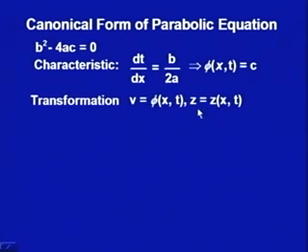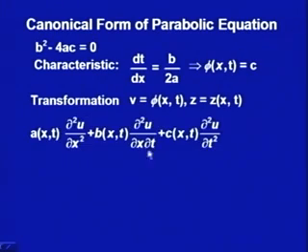The only thing to keep in mind is that this function has to be twice differentiable, because all these variables should possess second order derivatives so that I can transform them into the equation. Moreover, z has to be linearly independent of v. How we get this z linearly independent of v, we will understand in the example.